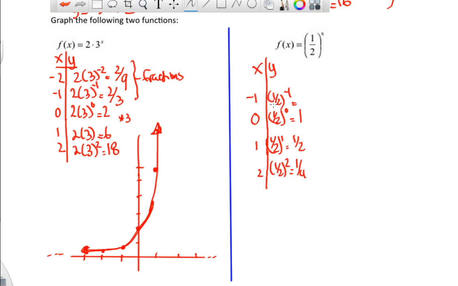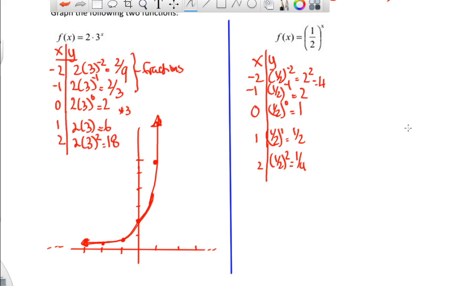So the negative exponent means you flip it. So that becomes 2 over 1, which is 2. So we are getting bigger values over here. So a half to the negative second, that would be a 2 squared, which you can flip, so that is 4. Okay, so graphing that then, sorry.